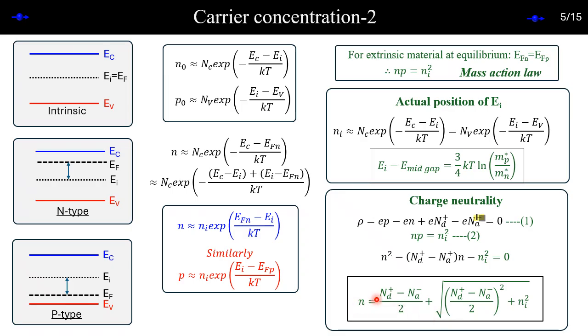So if you know N, then how do you get P from the relation NP equals Ni squared? Is it okay? Now let's take some cases. Suppose Nd is 10 raised to 15, Na is 10 raised to 12, all per centimeter cubed, and Ni is 10 raised to 10.